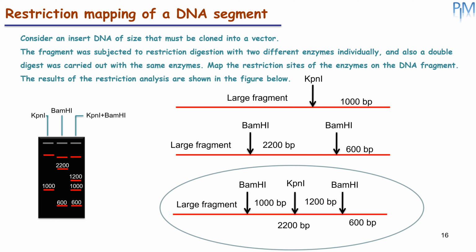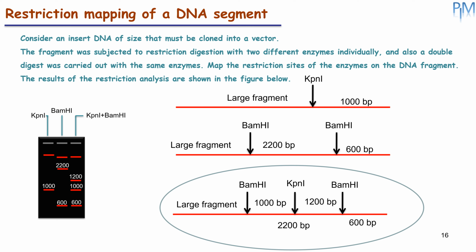Can we make a restriction map of a DNA fragment with the help of restriction enzymes? Yes, exactly, we can make it. This is a simple example. Here we use restriction digestion with a single enzyme, meaning two different enzymes individually, and double digestion with the two enzymes. If we map the digested fragments, it shows the restriction analysis of the DNA fragment.